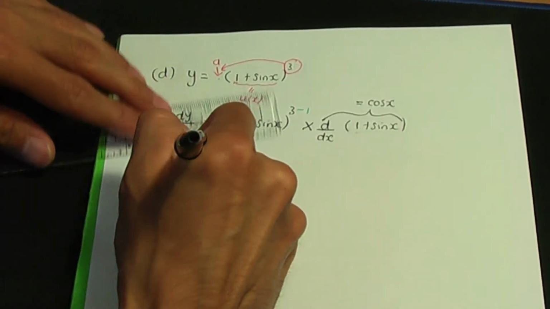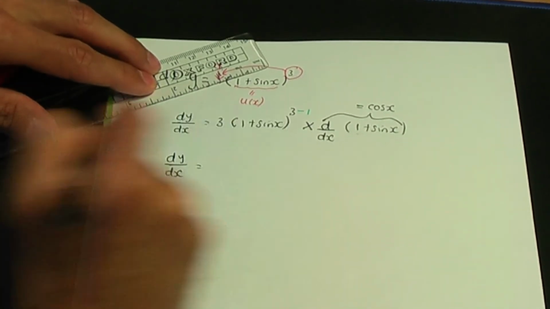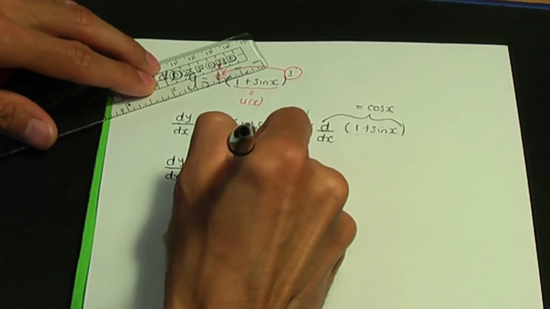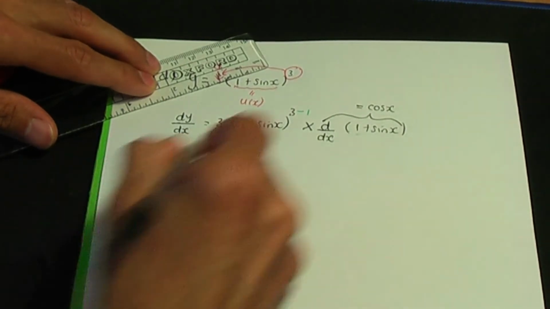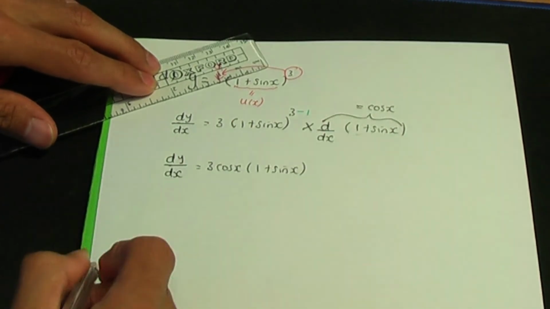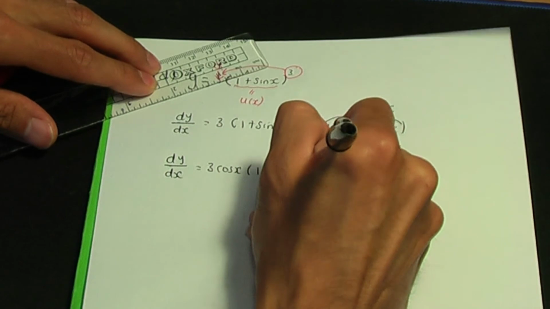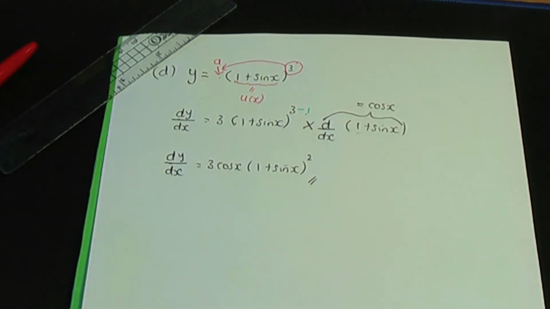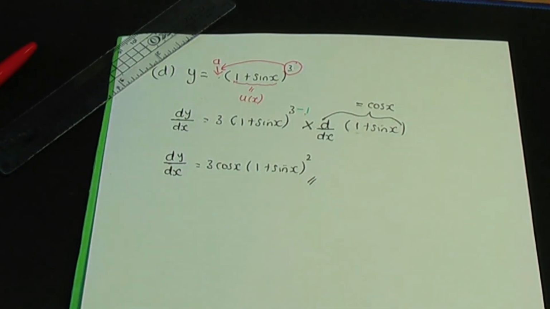So therefore, dy by dx is going to be 3 into cos x multiplied by the 1 plus sine x, and 3 minus the 1 is 2. So that should be the solution to this problem.